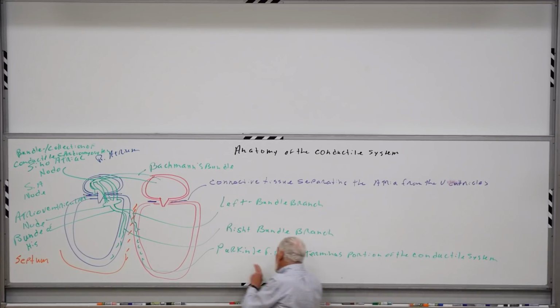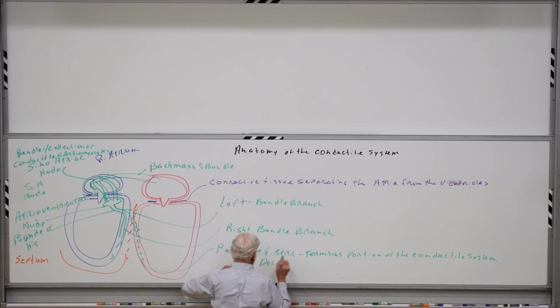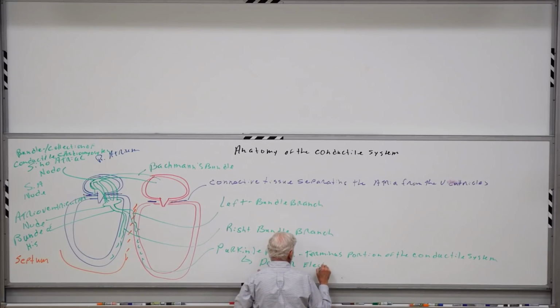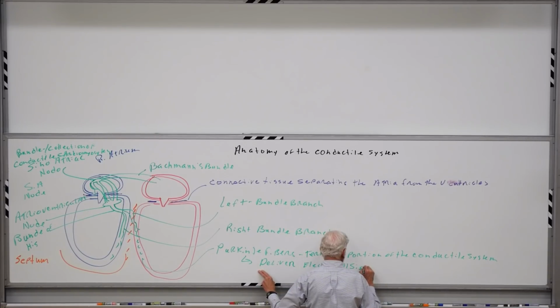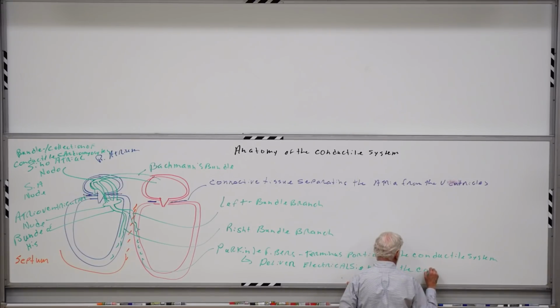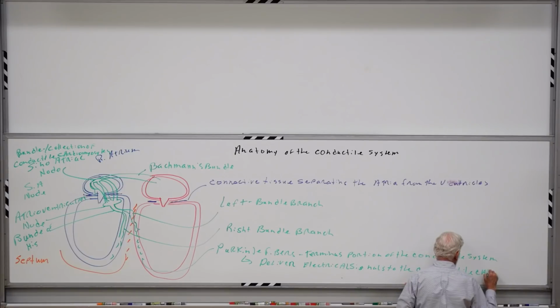The function of the Purkinje fibers is to deliver electrical signals to the contractile cardiomyocytes.